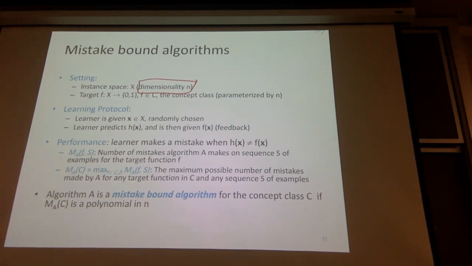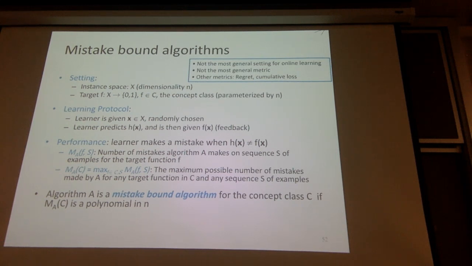And one thing I'd like to point out is this is not the most general setting for online learning. More commonly in the literature, you will see more general settings involving other metrics for quantifying performance. The most common one is probably called regret. Regret is the idea that after having seen a collection of examples, the learner plays this game and it makes some mistakes, and it's not too much worse than the best thing it could have done in hindsight.